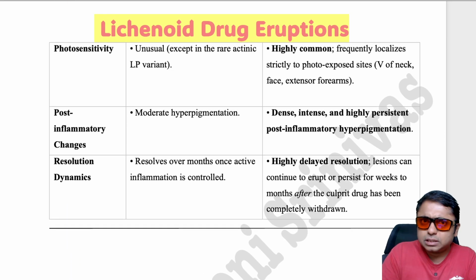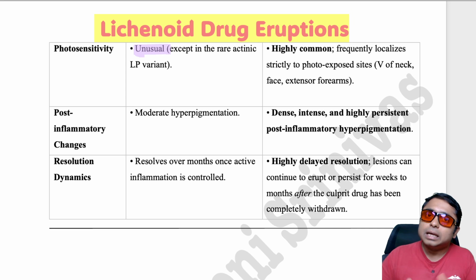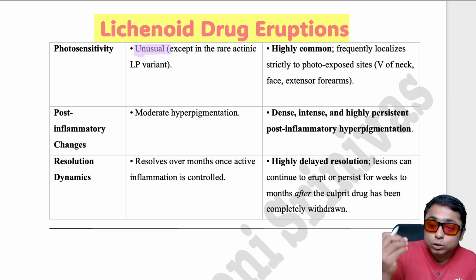Next is photosensitivity. We know it is unusual except for the actinic lichen planus variant, but in drug-induced lichen planus, we have already seen the medications, the anti-malarials and also griseofulvin, that produce lichen planus-like lesions on photo-exposed sites.